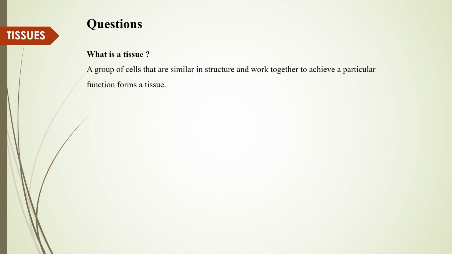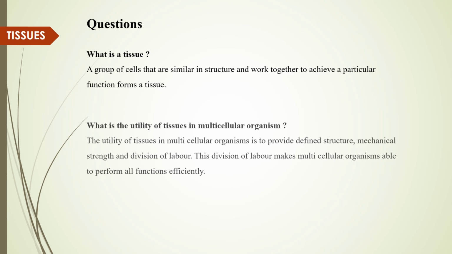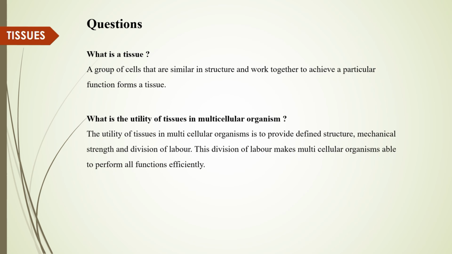Textual questions. What is a tissue? A group of cells that are similar in structure and work together to achieve a particular function forms a tissue. Second question. What is the utility of tissues in multicellular organisms?